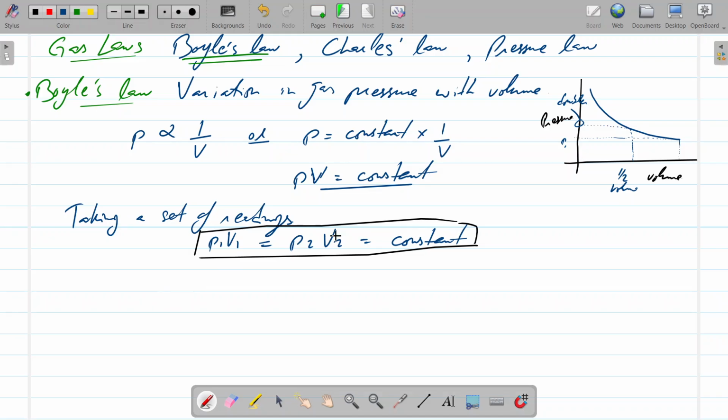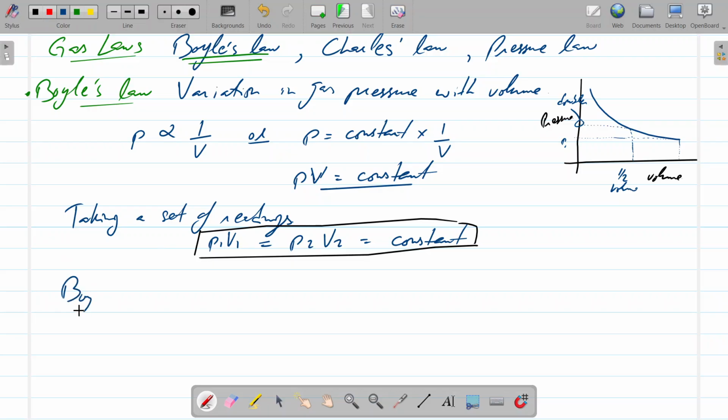If, for example, you change either the pressure of the gas or the volume of the gas in a new situation, you can figure out, if the pressure changed, what is the new volume? Or if the volume changed, what is the new pressure of that gas? That's what Boyle's law helps with. So it can be put into words.